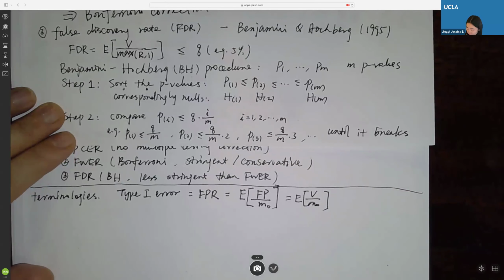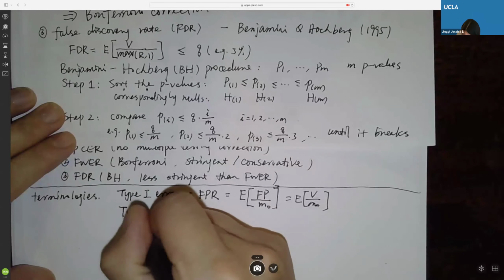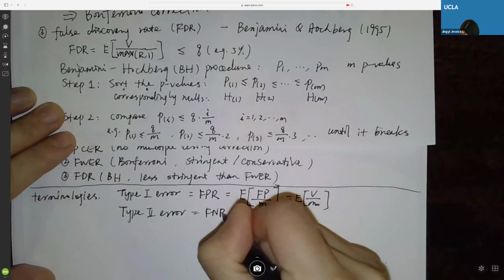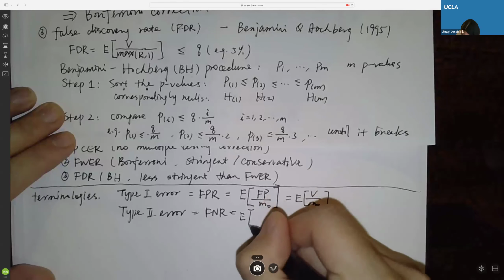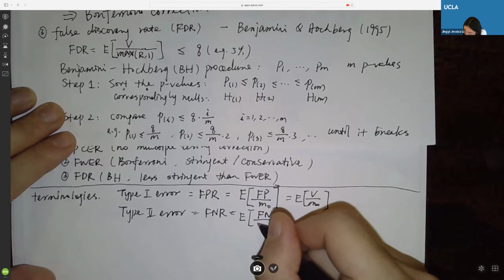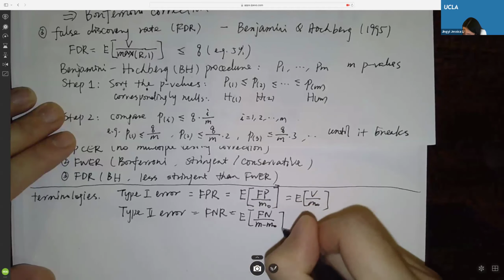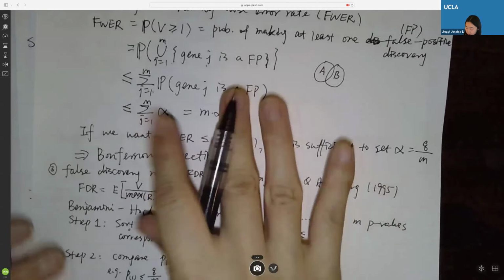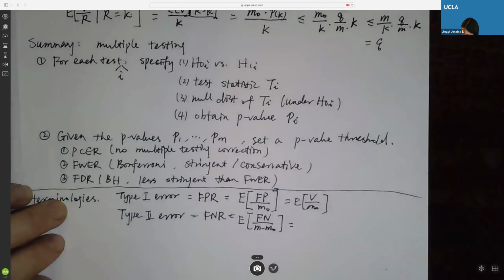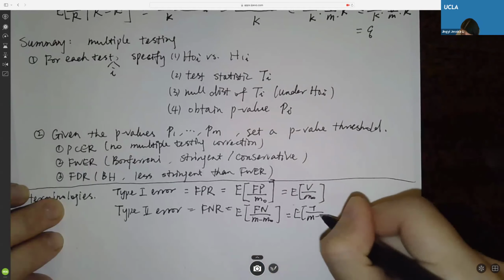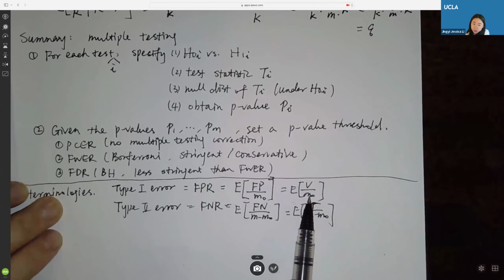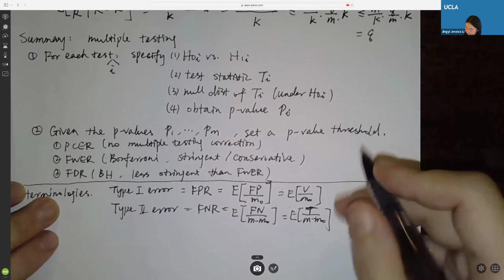That's type 1 error. And type 2 error is the false negative rate. It's the expectation of false negatives over the true positives, M minus M0. If you remember my notation here, this false negative count is T. But please note that in these two expectations, the denominators are constants, so I can get them out of the expectation.